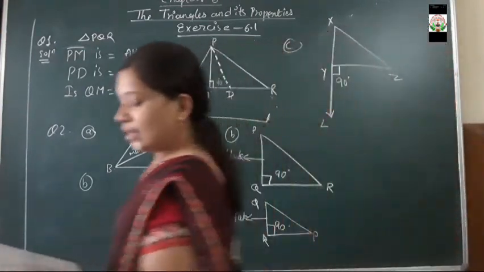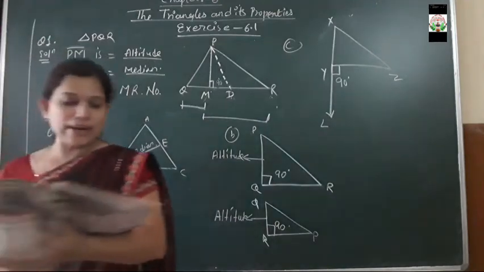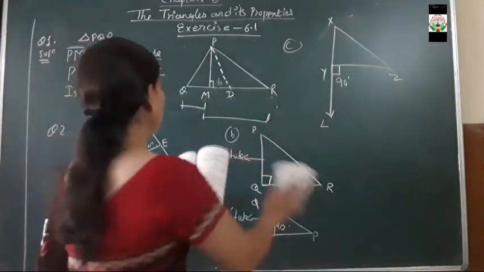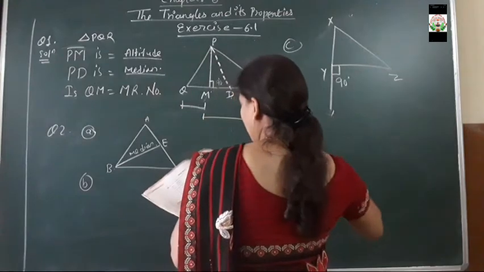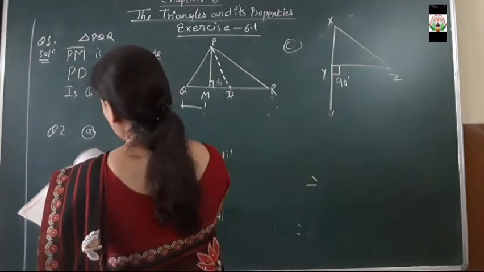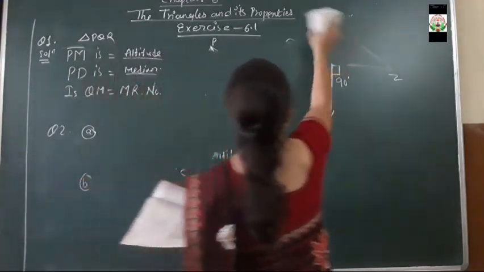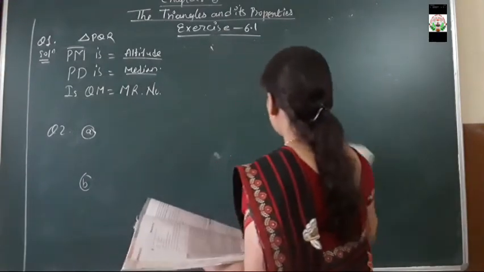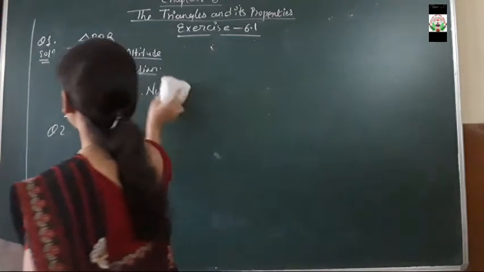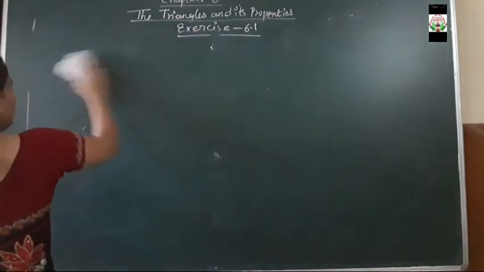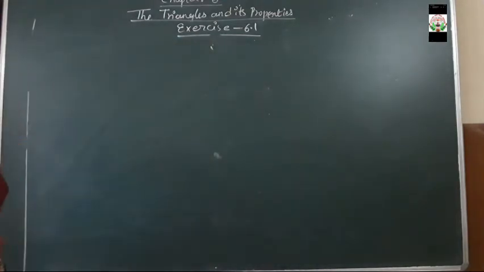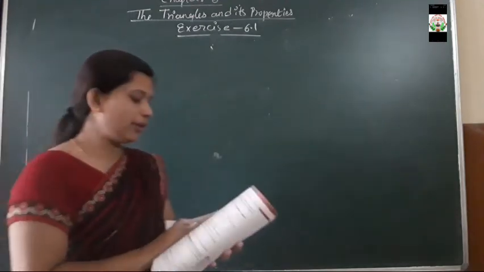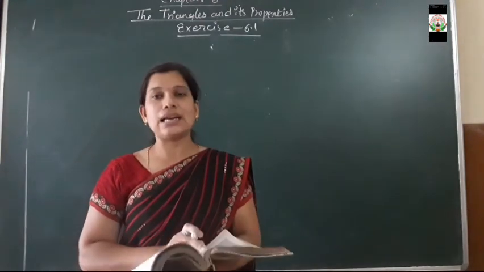Now the next question, it is said: verify by drawing a diagram if the median and the altitude of an isosceles triangle are the same or not.